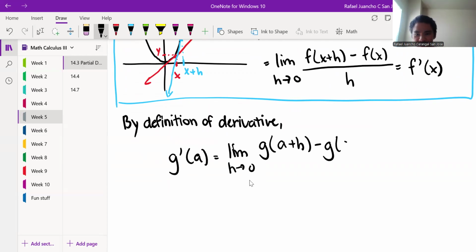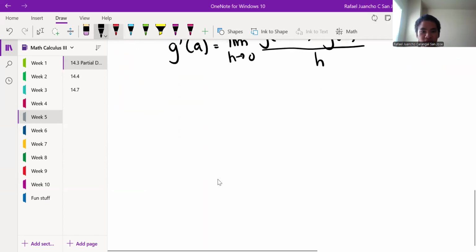Here we subtract g of a. So here I'm just copying what I did a while ago, so that's the definition. And from here, now we have another definition, which is my f sub x.